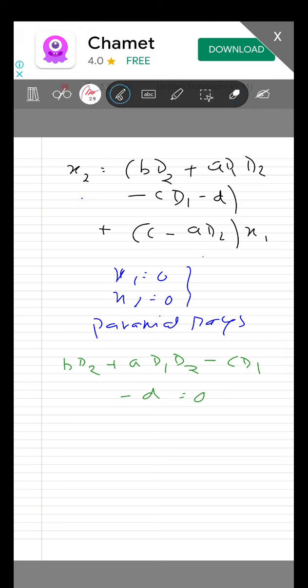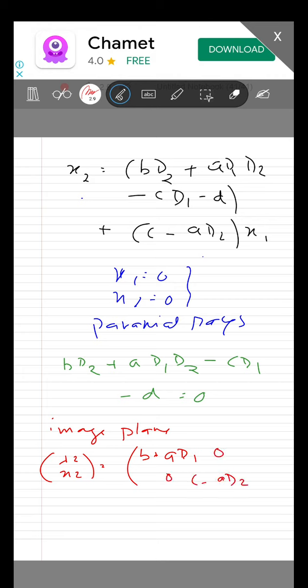This is actually for the image plane. You can write lambda 2 x2 is equal to b plus a d1 into 0 0, then c minus a d2 into lambda 1 x1.